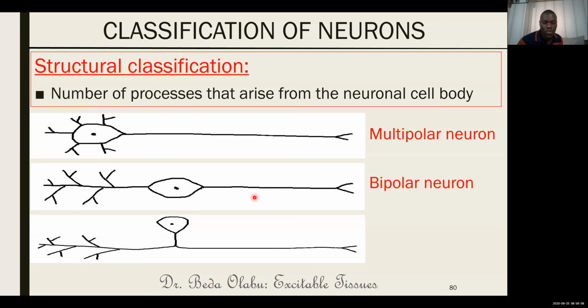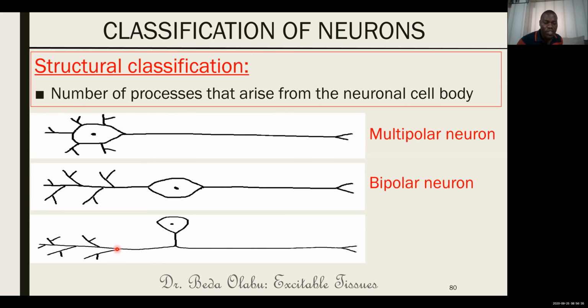Compare those two with this one. In this one, we have a cell body with a single process arising from it, so we may want to call it a unipolar neuron. However, look at what happened to that single process. It then divides into two. A single one, but again divides into two.